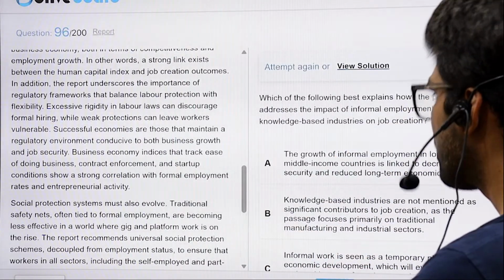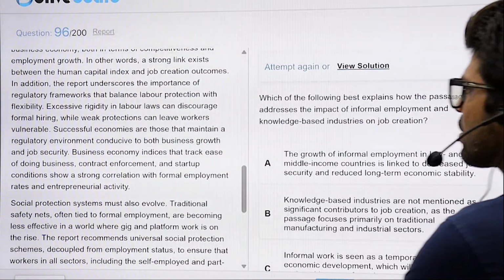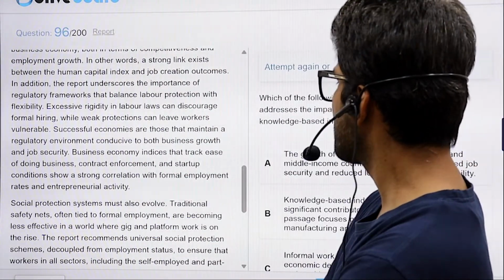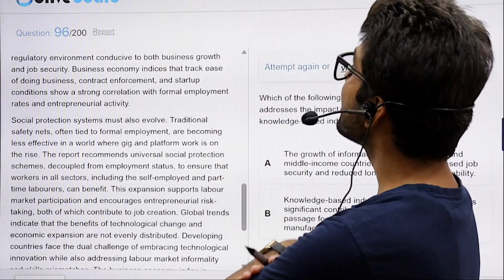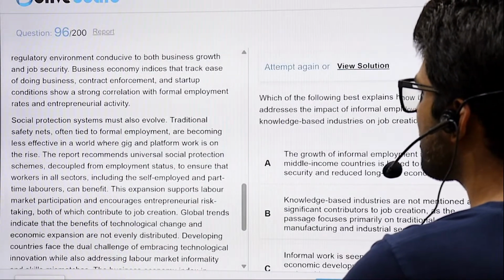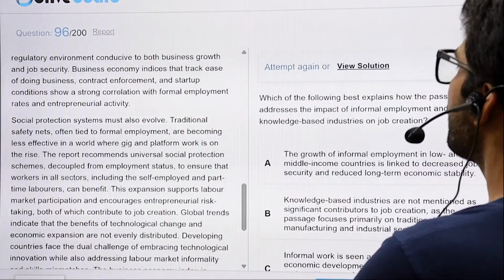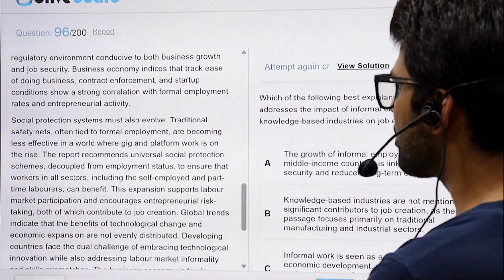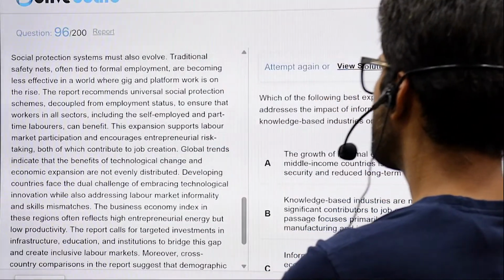Successful economies are those that maintain a regulatory environment conducive to both business growth and job security. Business economy indexes that track ease of doing business, contract enforcement, and startup conditions show a strong correlation between formal employment rates and entrepreneurial activity.